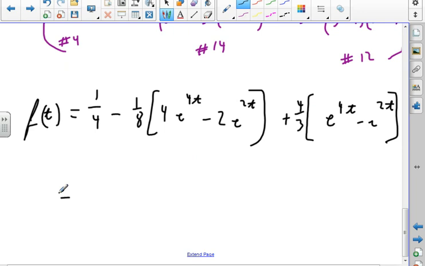Okay, so 1/4. Okay, so I've got 1/2 plus 4/3, 1/2 plus 4/3, 6 e to the 4t.